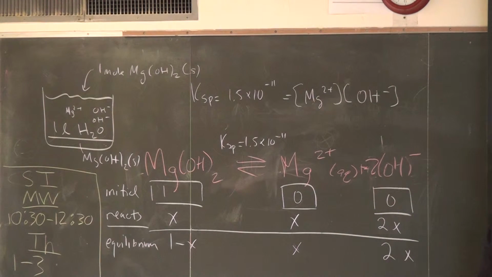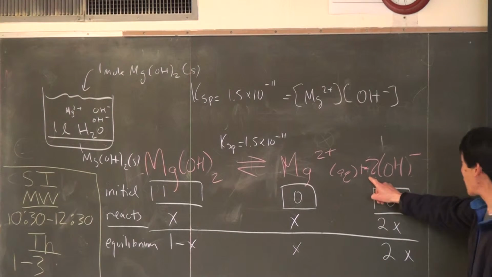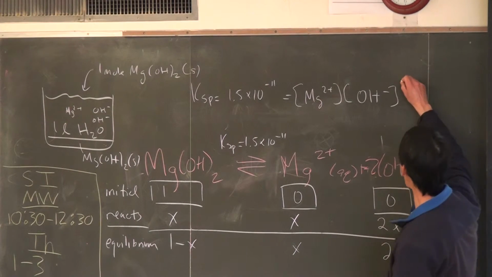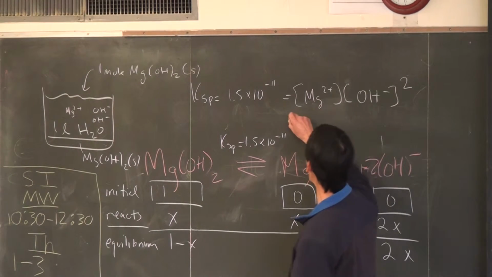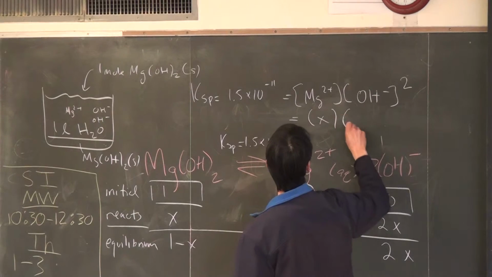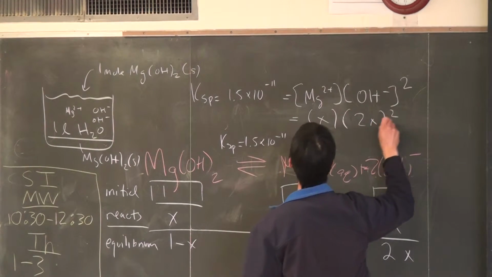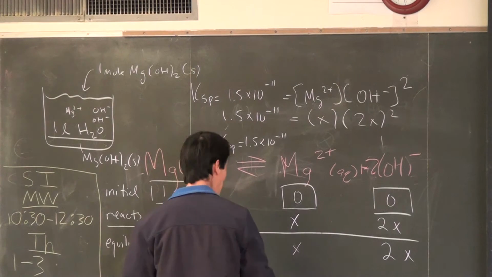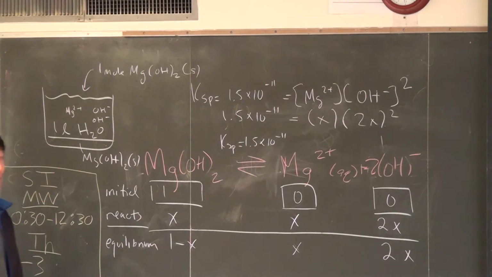And do we need to put anything else in there? No, because we have a coefficient of 2 here. Yeah, so we got to square that. So now that's equal to x times 2x squared. And now all that we've got to do is solve for x.